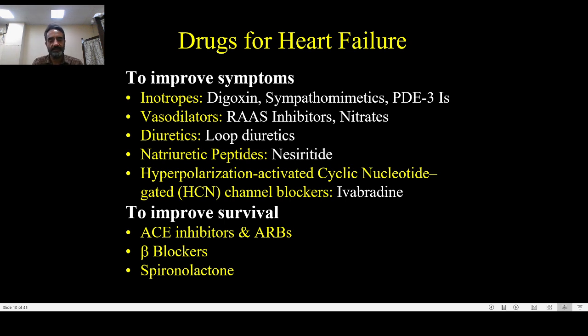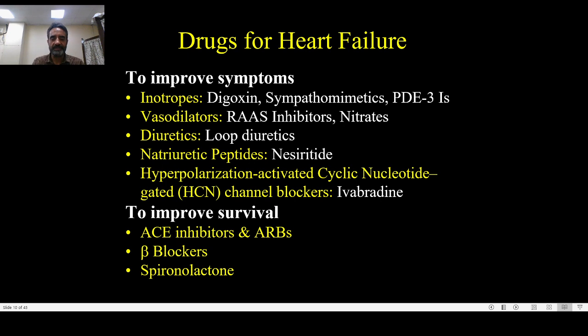Cardiotonic drugs. These are like digoxin, sympathomimetics, PDE3 inhibitors, phosphodiesterase enzyme 3 inhibitors. Digoxin belongs to a class of drugs known as cardiac glycosides.